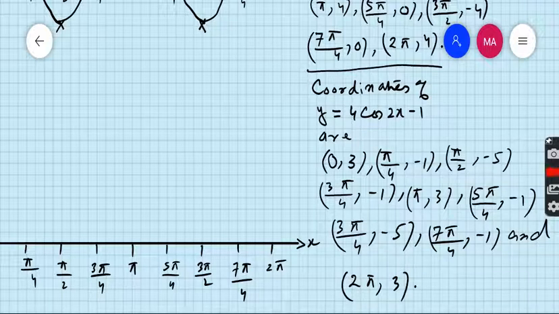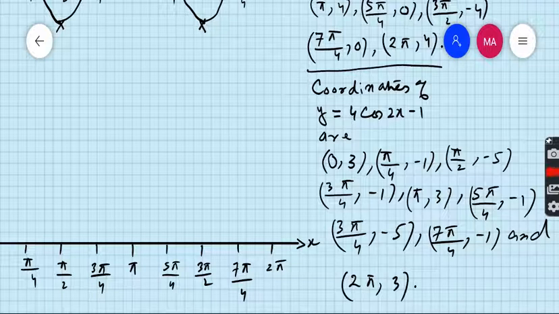Then put pi by 4. So 2 into pi by 4 gives you pi by 2, and cos pi by 2 gives you 0, and for 0 the value is minus 1. Okay. Now put pi by 2, you will get minus 5.